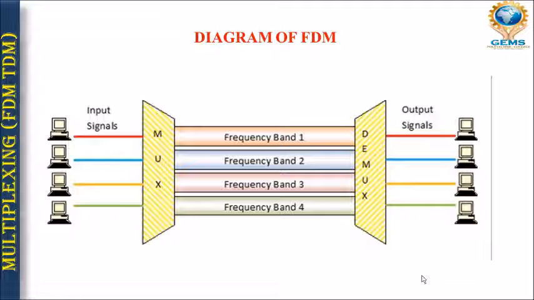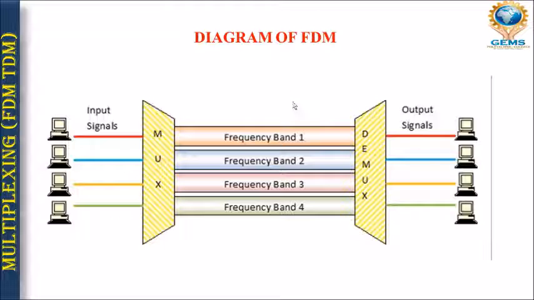Here we have some input signals, and these input signals are combined with the help of a mux. Mux is nothing but a multiplexer. At the receiver end the process is reversed. That means the carrier signal is separated from the message signal, and this is done by a demux, also known as a demultiplexer.